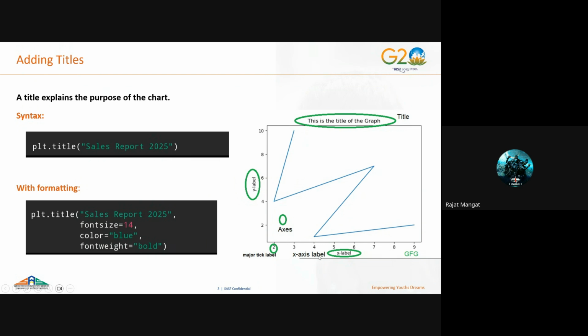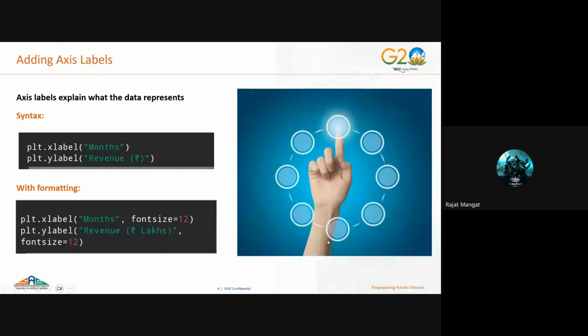The x-axis label is written here, and this line is x, this line is y. The vertical line is y, that is straight up at 90 degrees. So we call this vertical line the y-axis and this horizontal line the x-axis. Axis labels explain what data represents, meaning what we are plotting.